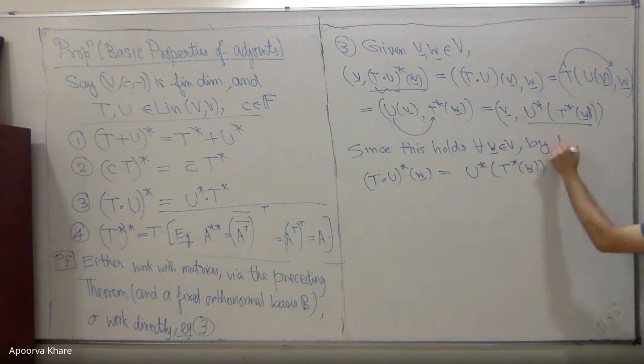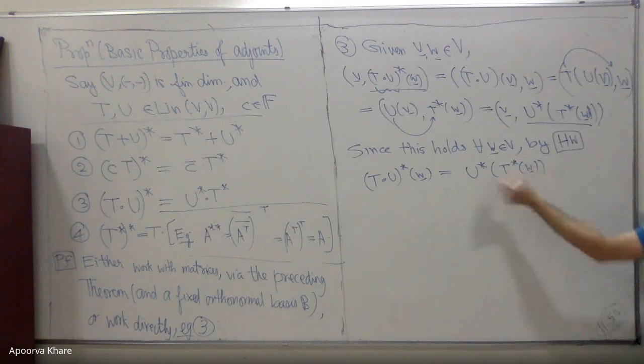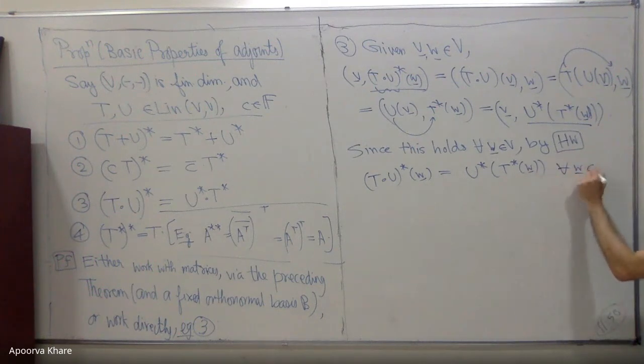Therefore, by the homework problem, these two vectors must be equal, so this minus this equals 0.